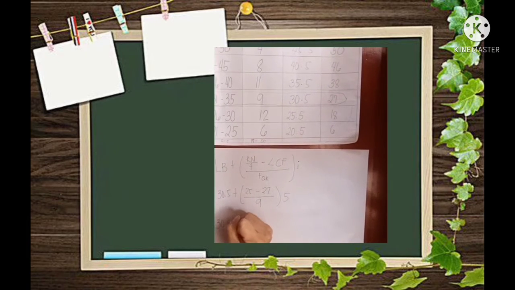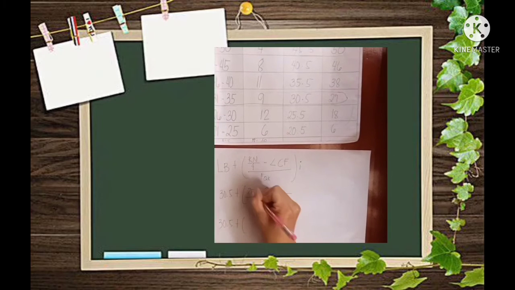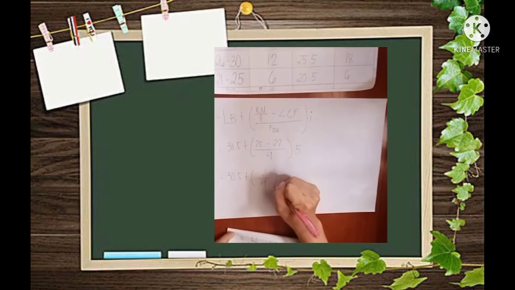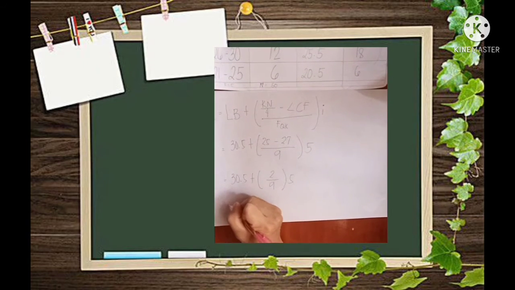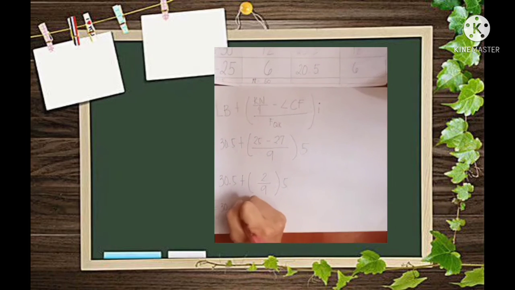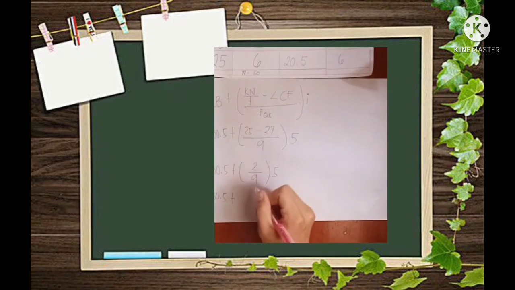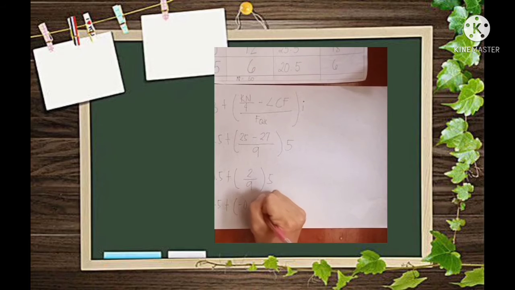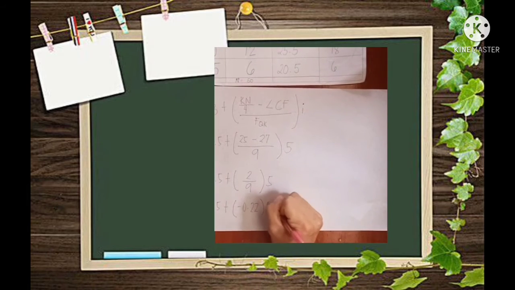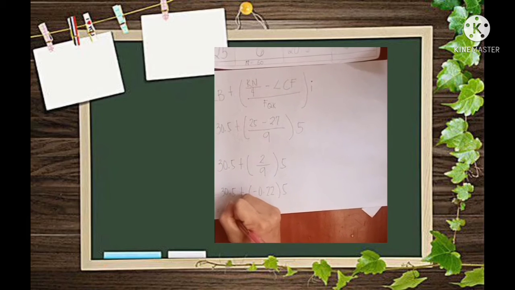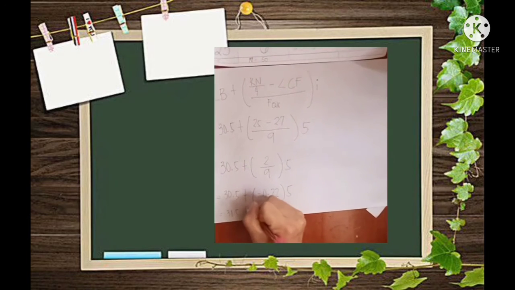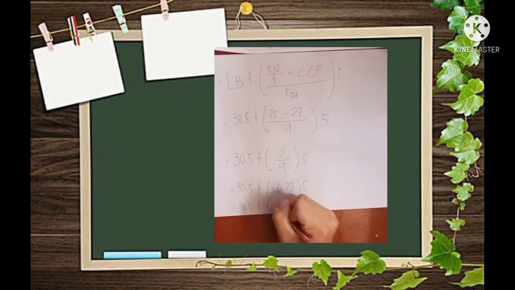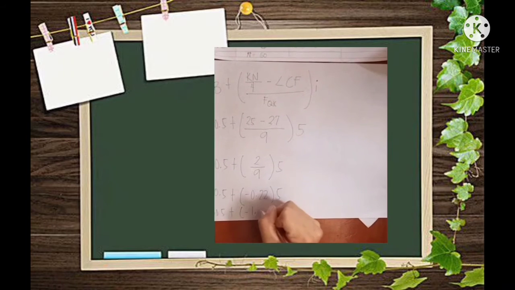Copy 30.5 plus 25 minus 27 is equal to negative 2, divided by 9 times 5 equals. 30.5 plus negative 2 divided by 9 is equal to negative 0.22, times 5 equals negative 1.11.